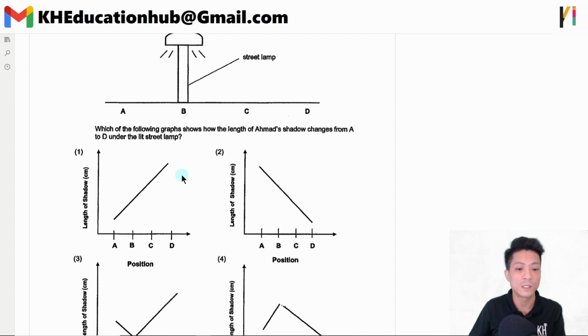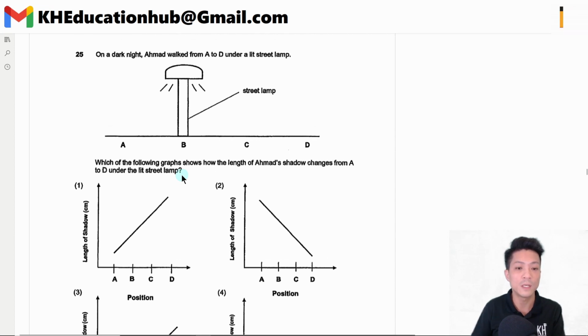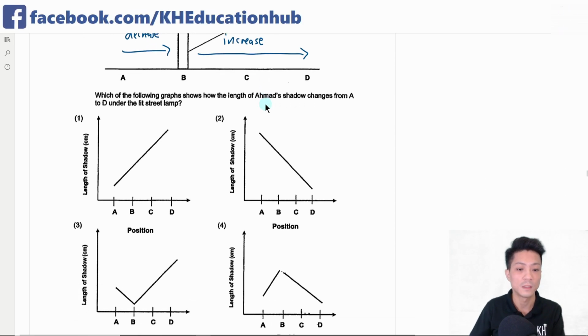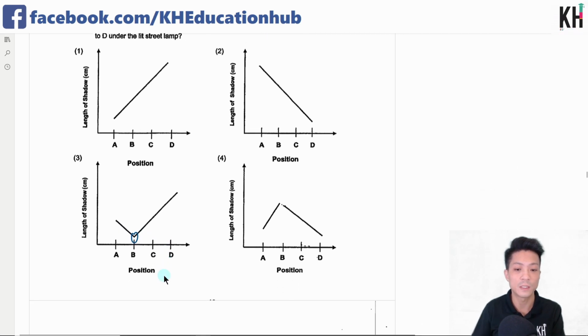Okay, so as he moves from A to B, the length of the shadow should decrease. Okay, and as he walks from B to C, the length of his shadow should increase. So the only graph that shows a decrease and increase is number 3.